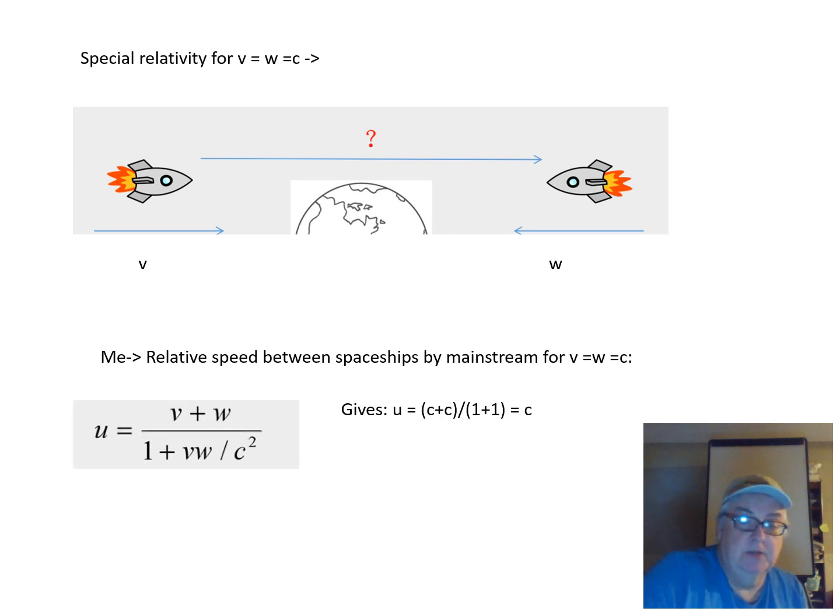So now for special relativity with v equals w equals c, when you substitute in v equals w equals c, that equation gives the relative speed as equal to c.